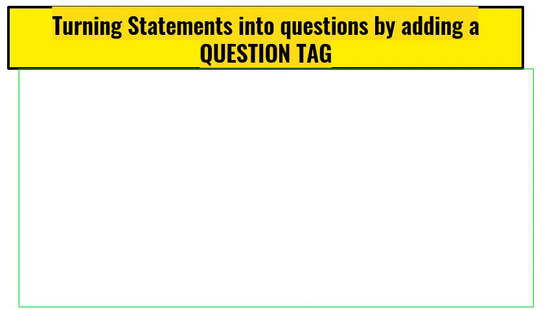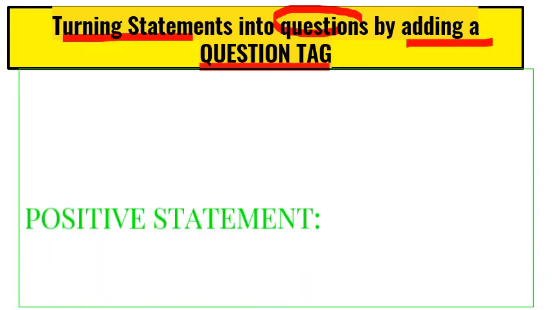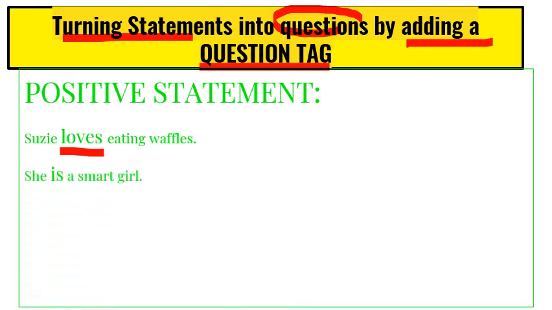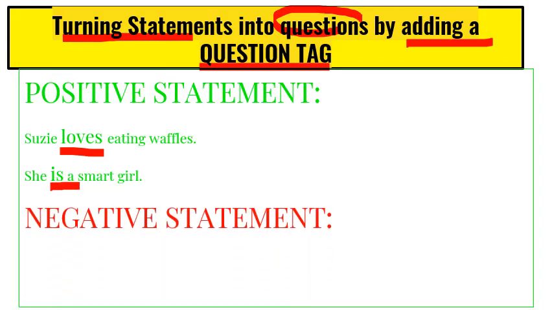So how do I go about turning a statement into a question by adding a question tag? First, we have to distinguish between positive statements, for example, Susie loves eating waffles. That is a positive statement. Or, she is a smart girl. A positive statement. Then we also get negative statements.